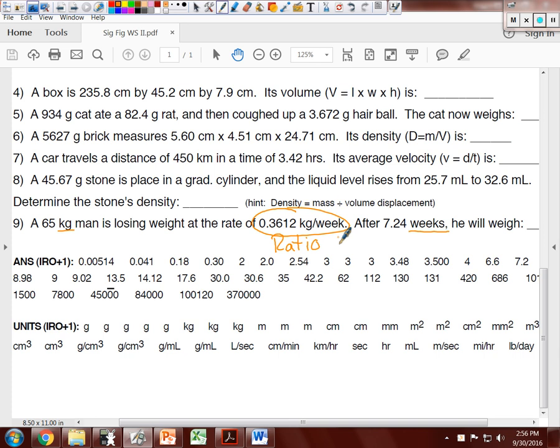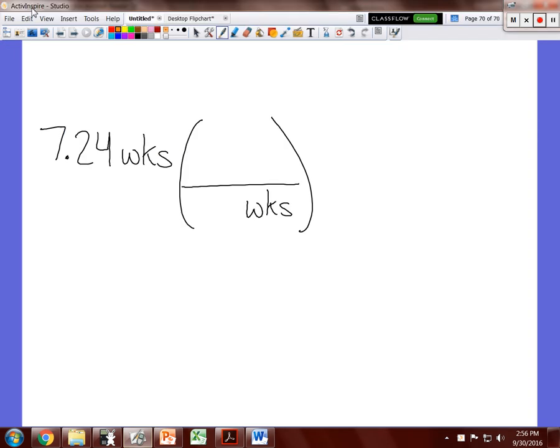And a lot of you have gotten to the point where when you say miles per hour, kilometers per hour, kilograms per week, you say it without understanding what it means. What does kilograms per week mean? So for every 1 week, it's that many kilograms. Would you agree with that? So watch what I mean by how we can use this as a ratio.